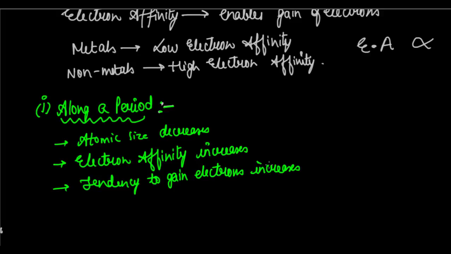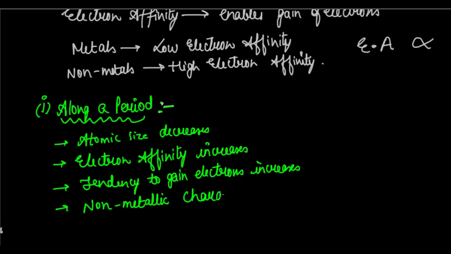It is very easy. So that tendency to gain electrons increases with the electron affinity, unlike the tendency to lose electrons with ionization energy. Okay, they are inversely proportional, but the tendency to gain electrons and electron affinity, they are directly proportional. So tendency to gain electrons increases, hence what will increase? The non-metallic character increases.